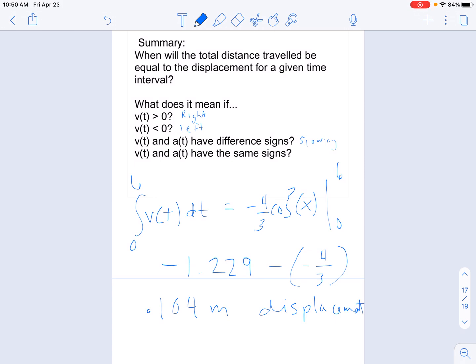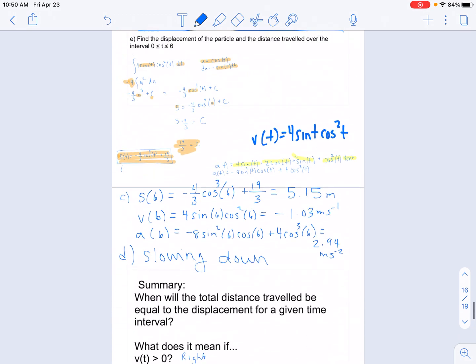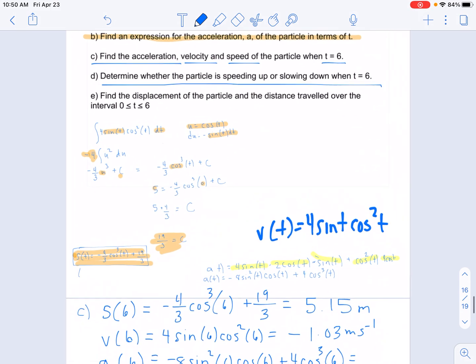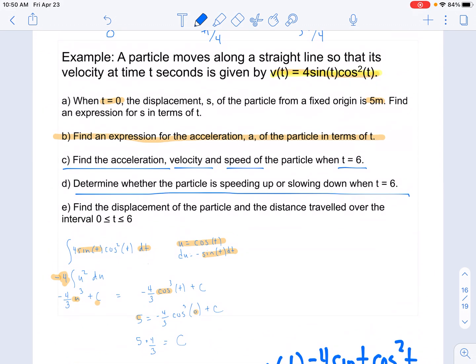To find the total distance traveled, I need to figure out where it's changing directions, because I'm going to need to break up the integral. So I need to figure out when the velocity is equal to 0. The velocity is going to be equal to 0 when sine of t equals 0 and when cosine squared of t equals 0.